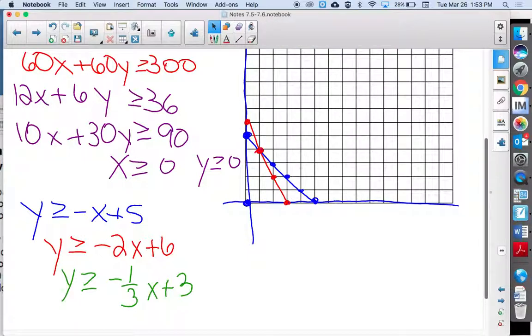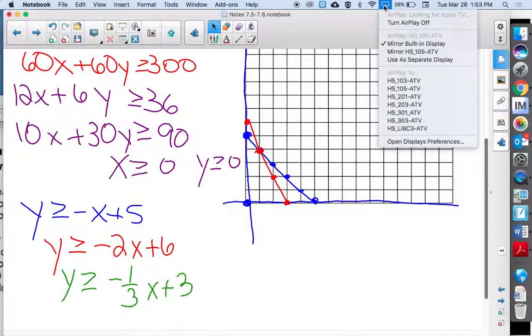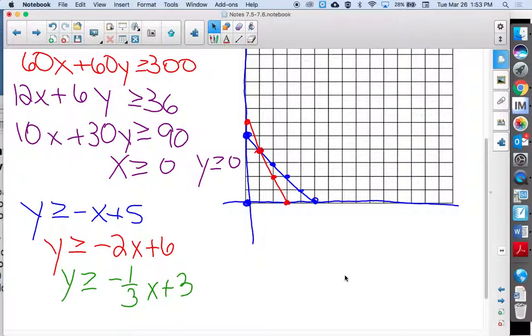So see if you can get that third one graphed. And then try and decide where to shade. Oh, there it goes. That also connects at a point.